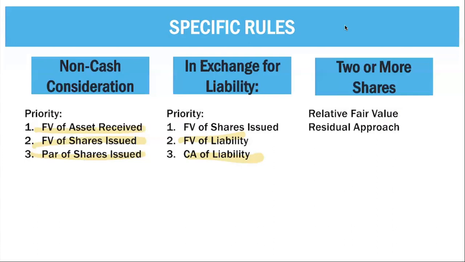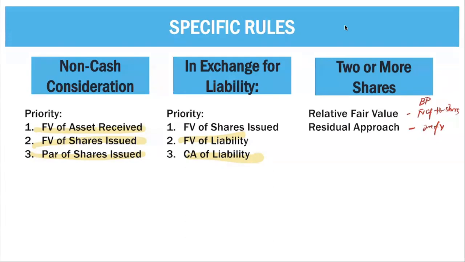Another specific rule is there if there are two or more shares. If there are two or more shares, we use your relative fair value approach or your residual approach. In your relative fair value approach, we allocate the total basket price using the fair value of the shares. If only one fair value is known, we use your residual approach.